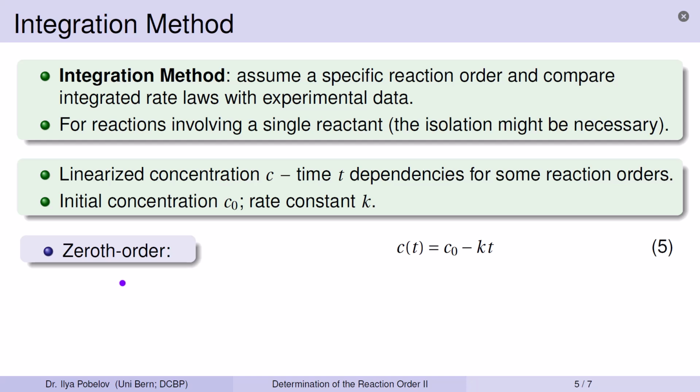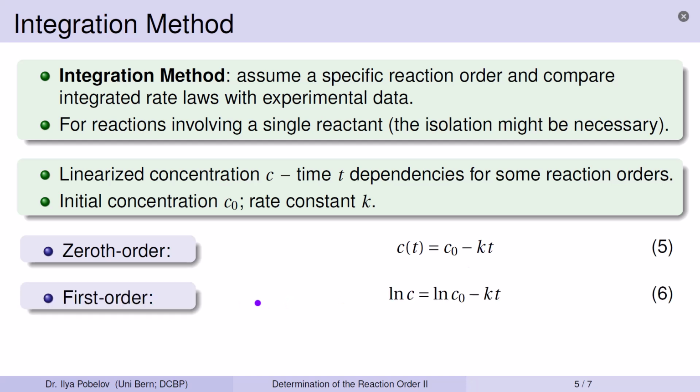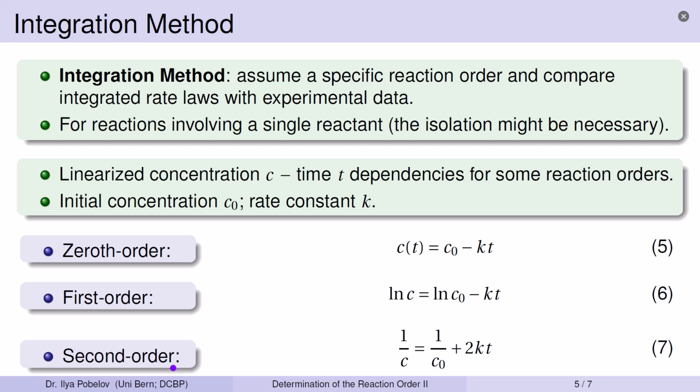For a zeroth order reaction, the concentration of the reactant decreases linearly with time. In the case of a first order reaction, the natural logarithm of the concentration decreases linearly with time. For a second order reaction of one reactant, the inverse of the concentration increases linearly with time.